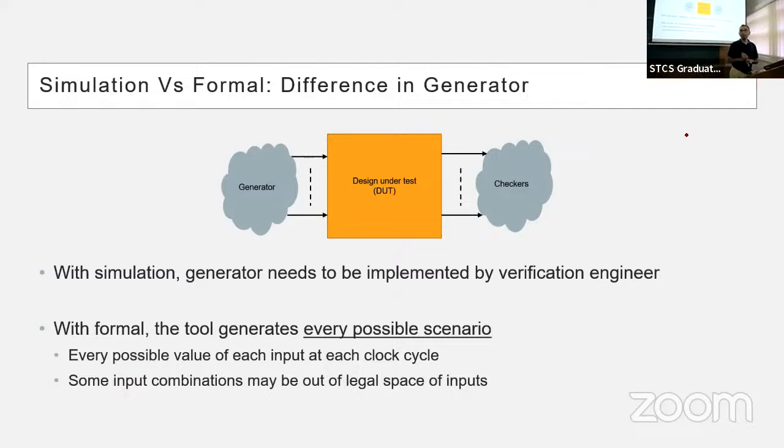In formal we have to do that. So in simulation, we need to add stimulus. In formal, we need to subtract. Right? So in simulation, we start from 0 and then keep on adding. In formal, we start from infinity and then we keep on reducing.